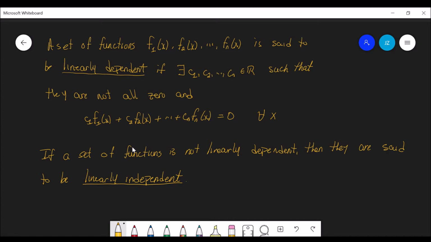Another way of saying this is the set of functions is linearly independent if the only solution to this is the trivial solution. That is, the only way this linear combination is 0 is if each of the constants is 0.